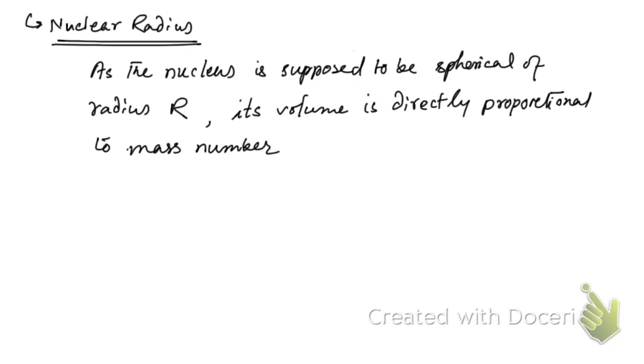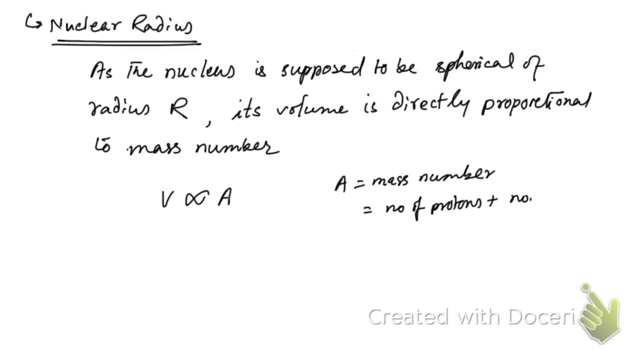Here V is proportional to A, where A is the mass number, meaning the number of protons plus the number of neutrons.